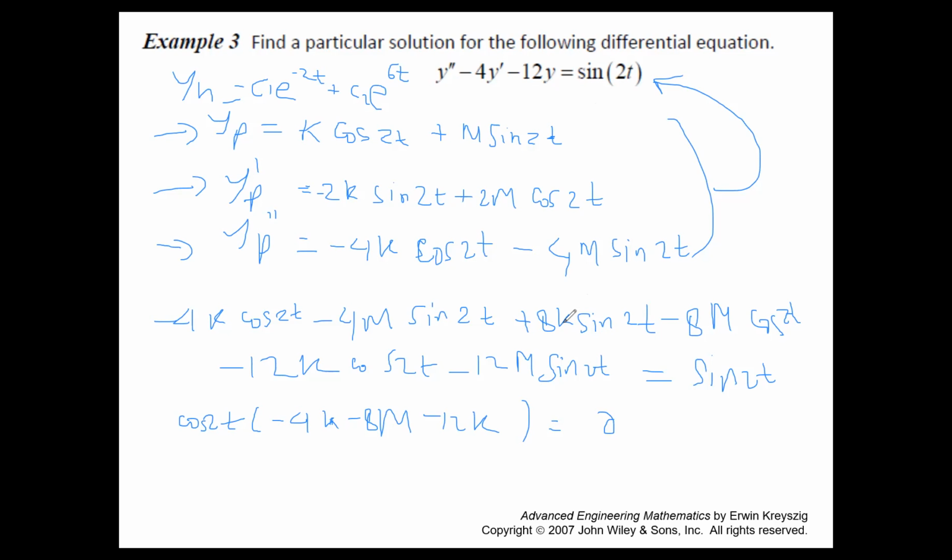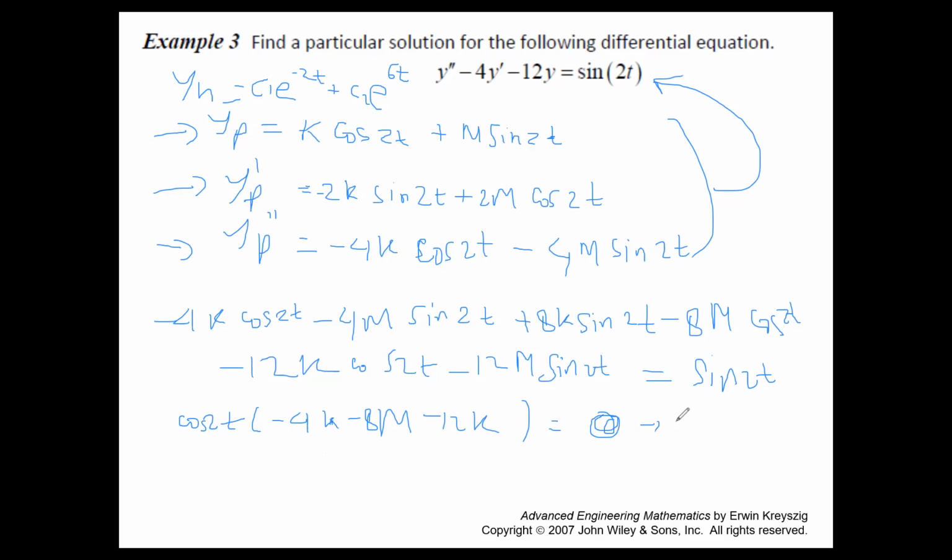Once you get the solution for the non-homogeneous solution, we will have minus 16k. So this is 0.